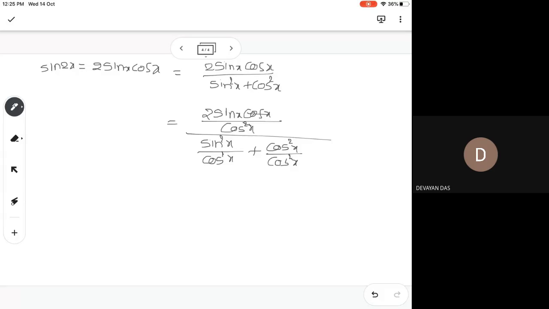So you get 2 tan x by tan square x plus 1, usually written as 2 tan x by 1 plus tan square x.